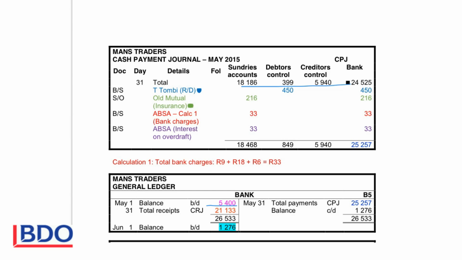In the cash payments journal, we will indicate that there was an expense paid to Absa. The expense is called bank charges, and it was for 33 Rand. And we also have to pay interest on overdraft to them.